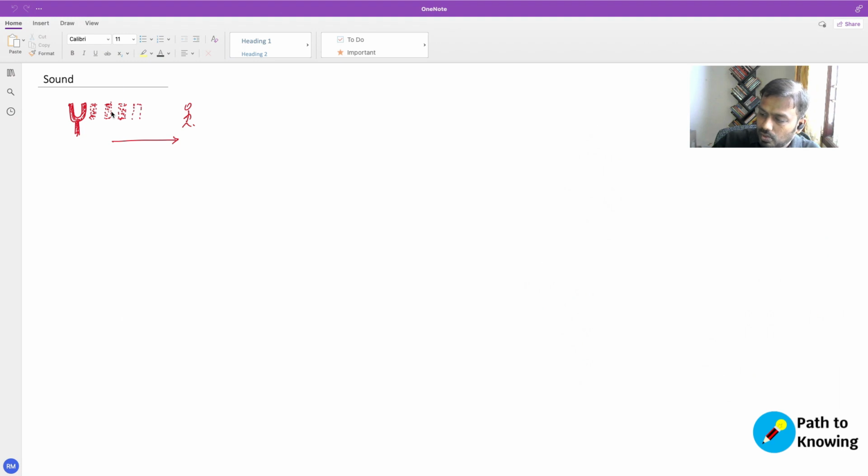As long as the tuning fork vibrates, the air particles nearby are going to have sequences of high density pressure, or high density air particles, and low density pressure, or low density air particles.